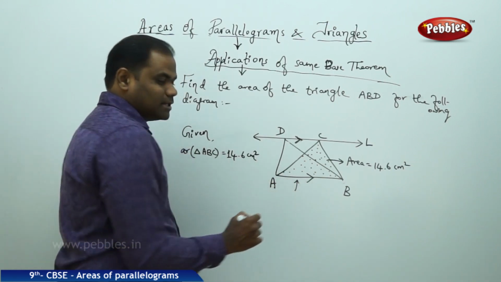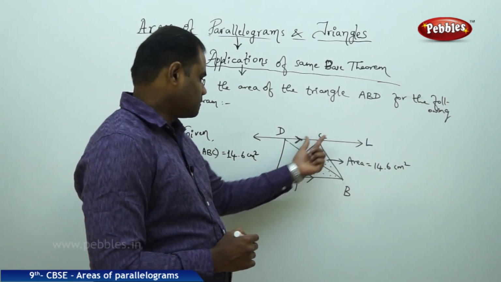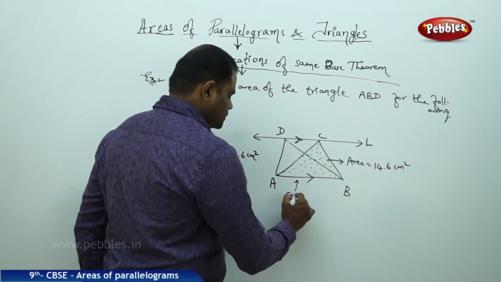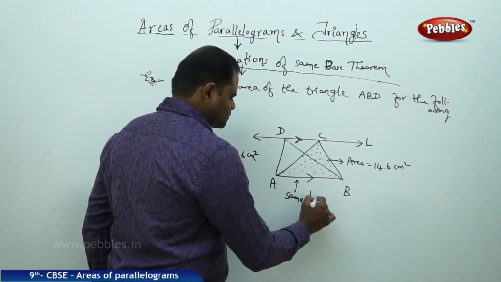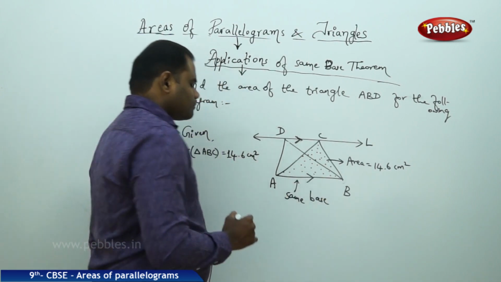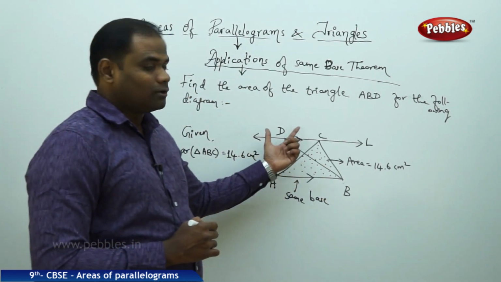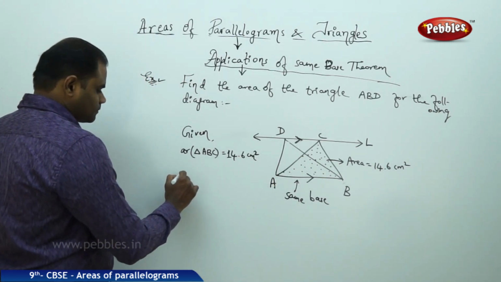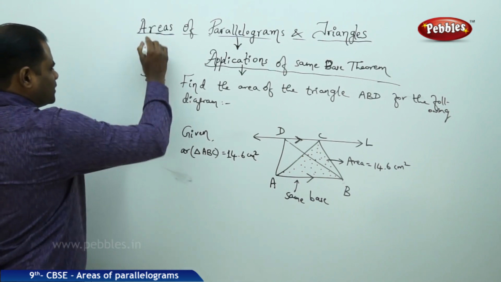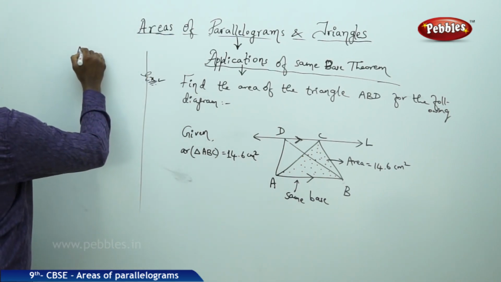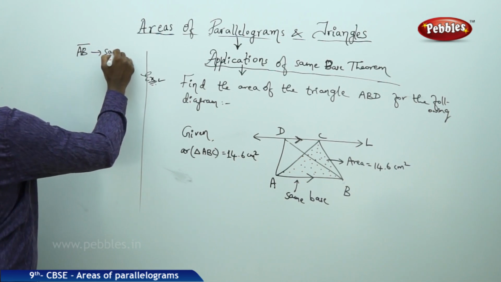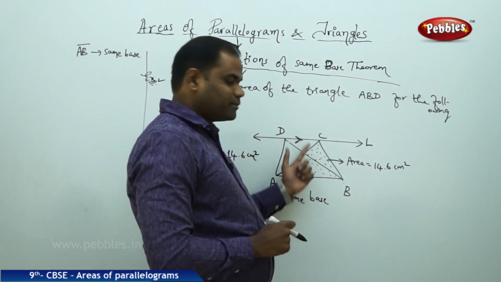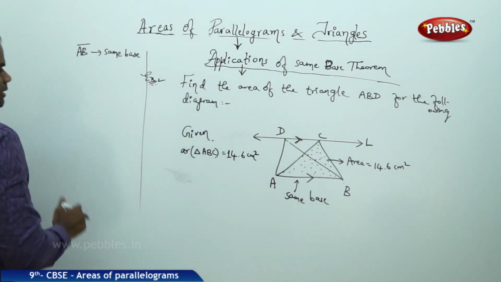So clearly I can see that triangle ABC and triangle ABD are on the same base. So here is the same base. And also they are between the same parallels. So I identify here that AB is the same base, and the two triangles are between the same parallels L and AB.